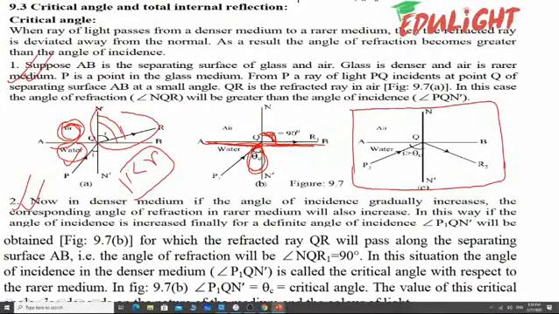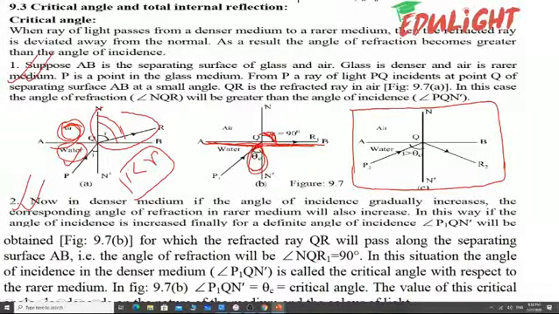Now, if we increase the angle beyond the critical angle, let's say the critical angle is 45 degrees, and we increase it to 60 degrees, going from the denser to the rarer medium.